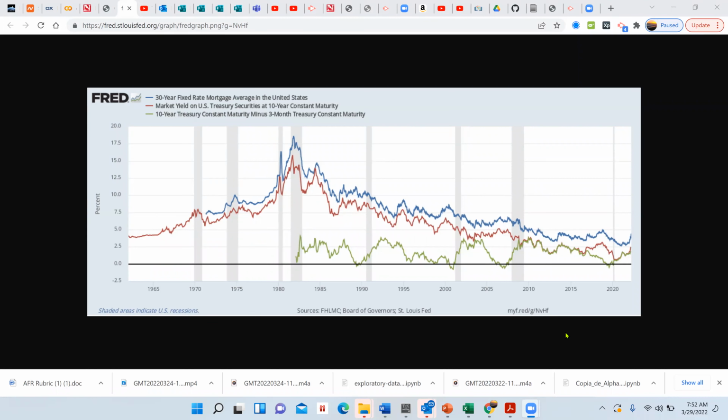This is a graph of the 30-year average mortgage rate in the U.S. It also shows the market yield on U.S. Treasury securities, the 10-year Treasury constant maturity minus the 3-month Treasury constant maturity, from 1960 to 2020, and shows the percentages of each of the rates, the blue and red ones.